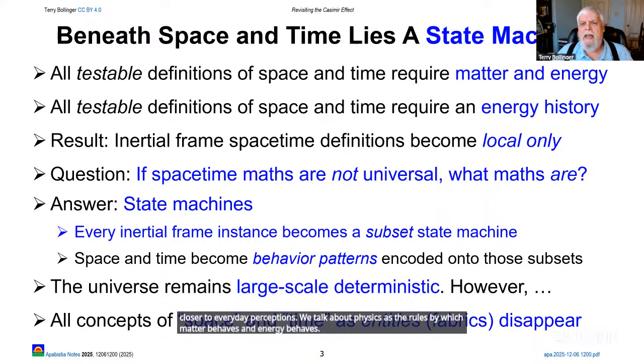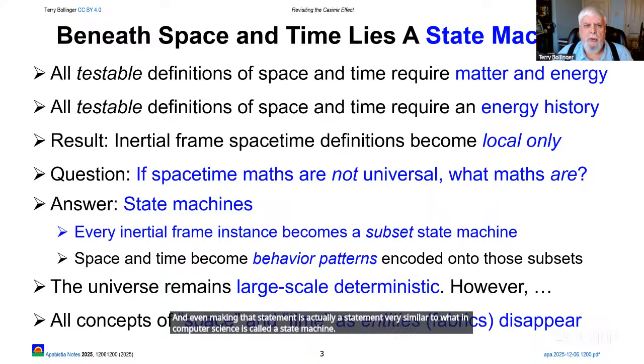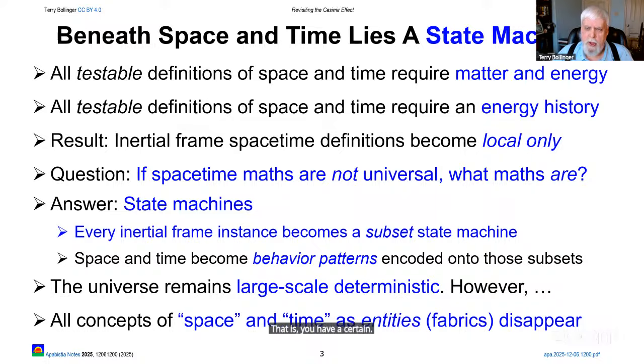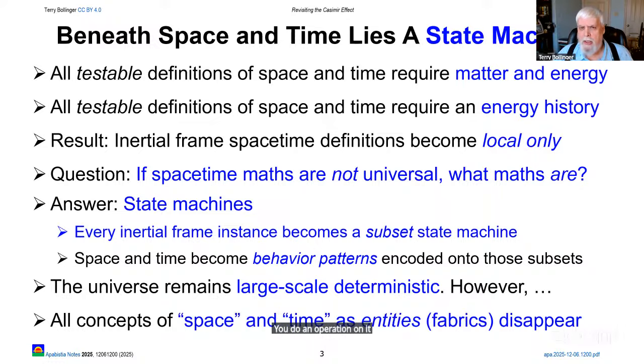And even making that statement is actually very similar to what in computer science is called a state machine. That is, you have a certain condition, a certain situation, a certain status, you apply an operator, and that transforms that matter into a new state, into a new version of the system. So this is actually a quite intuitive concept.